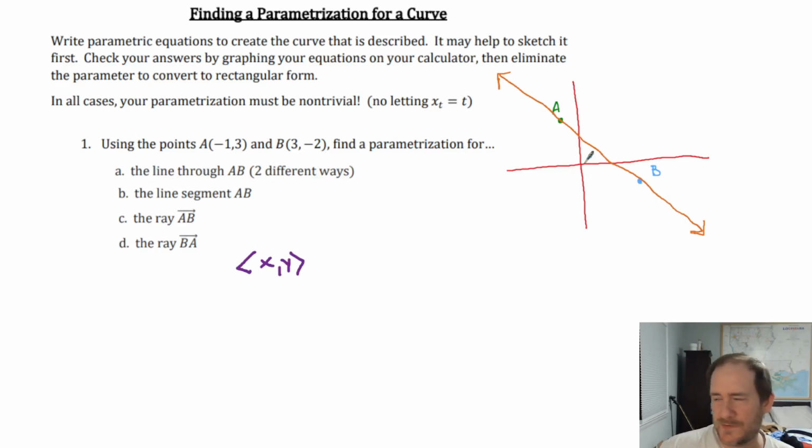Now the vector xy really just represents any point xy, like maybe this point right here. But we're thinking of every single point as just being the terminal point of some vector. So we're basically modeling every single vector that has its terminal point on this line somewhere.